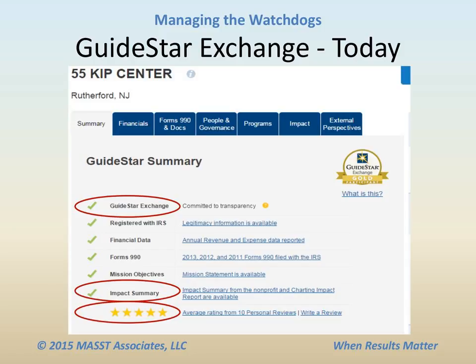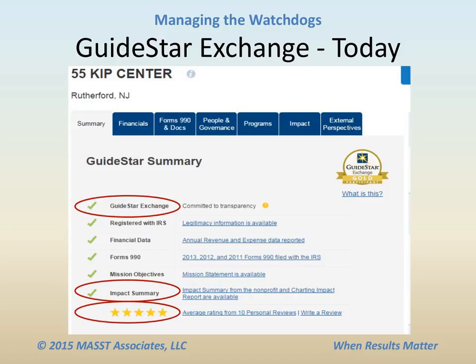So here's what happened with this particular organization within a period of a couple or maybe 3 weeks after we worked with them. They went ahead and claimed their identity on GuideStar. They completed the GuideStar Exchange information, including program information and an impact summary.